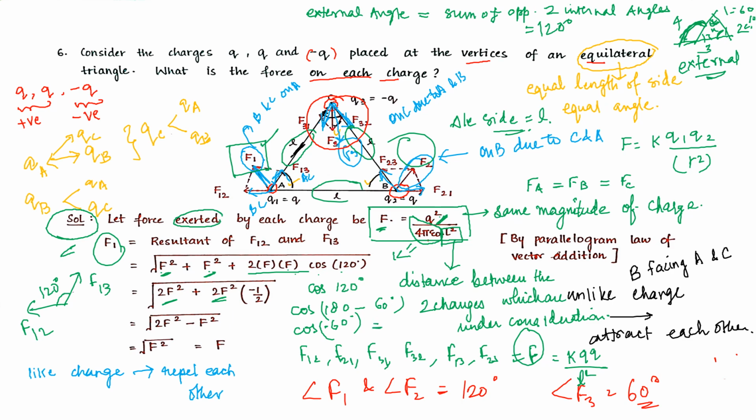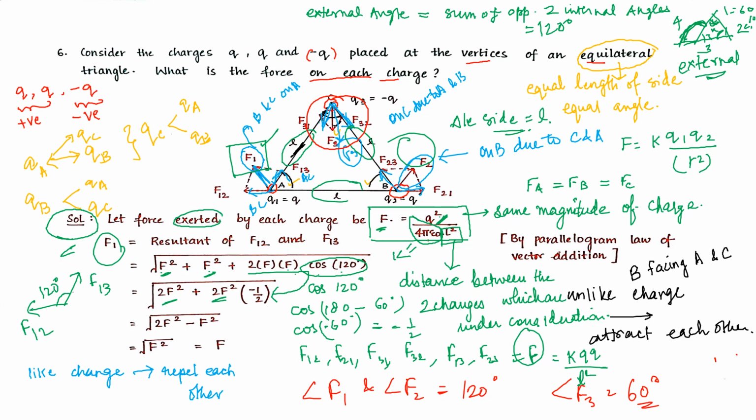How much is cos 60 degrees? It is 1 by 2, like cos 60 degrees equals sine 30 degrees. So minus 1 by 2 is the answer over here.